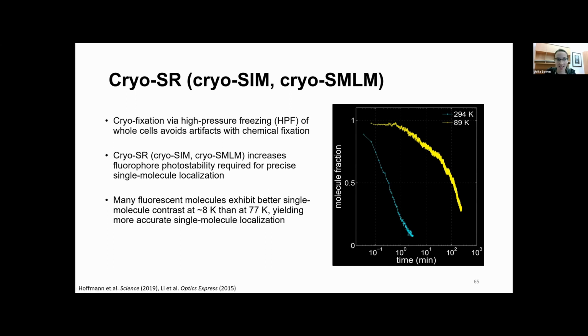It's nicely seen when you compare these two graphs. One is at room temperature, the blue one, and the other is under liquid nitrogen conditions. You can see that you can collect way more signal over a way longer period of time. In total, you can collect 380 times more photons under cryo conditions than at room temperature. So the Hess lab is just one example.